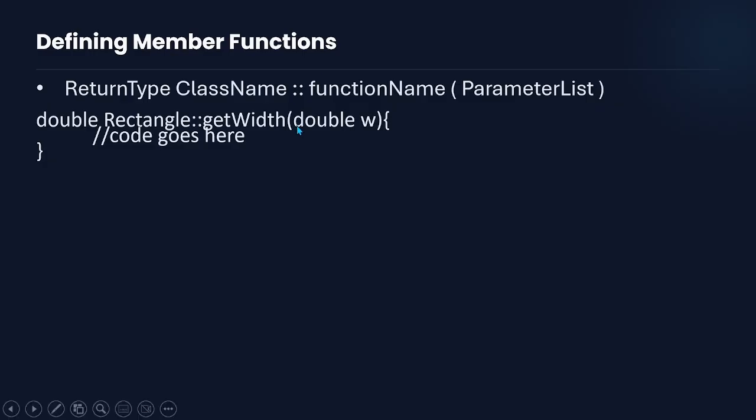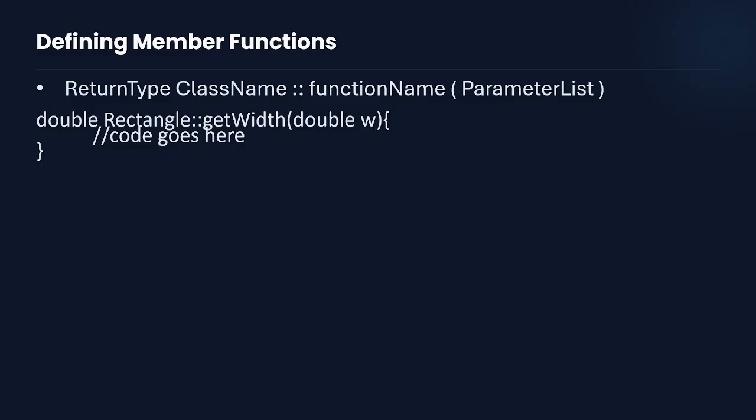Yeah, so defining member functions, you need the data type of the function. It's just like you creating a function, right? So how do you create a function? When creating a function, you need the return type of the function, right? The function name, and then if you have any parameters, of course the braces are important, right? But then the new thing here is the class name, and then these two colons, which is a scope resolution operator.